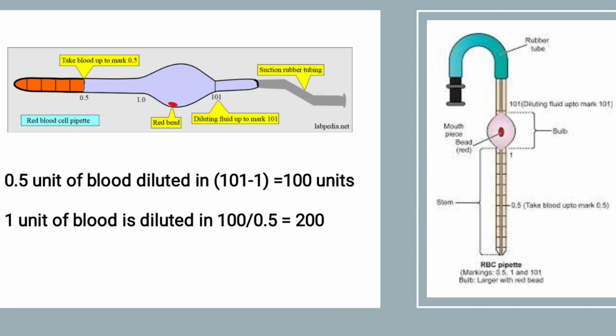Okay, so we will say that 0.5 unit of blood is diluted into 101 minus 1, that is 100 units of fluid. So 1 unit of blood will be diluted in 100 divided by 0.5, that is 200. So this is your dilution factor.